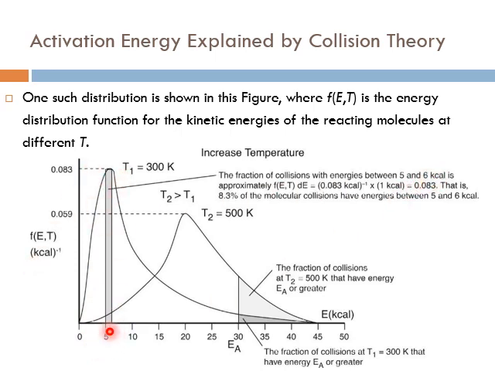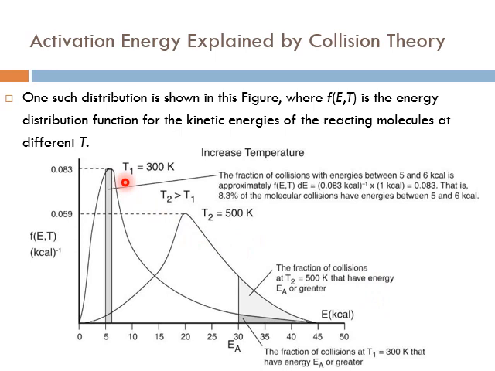It's the width here, 6 minus 5, times the height, which is around 0.083, which is the fraction of the molecules which have a certain given energy. That is 8.3% of the molecular collisions have energies between 5 and 6 kilocalorie. So now we understand what these curves mean, and I believe you have seen such a figure in the statistics course.